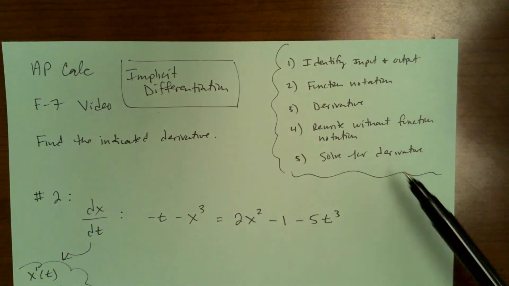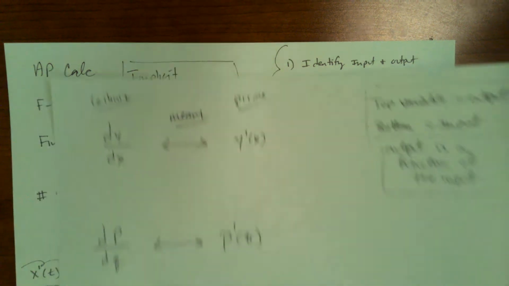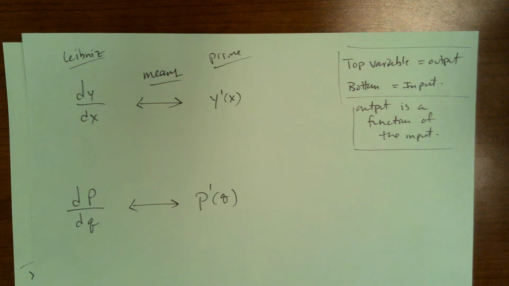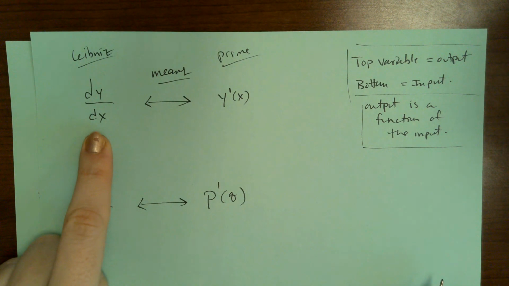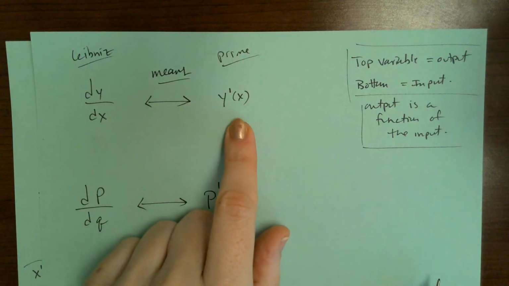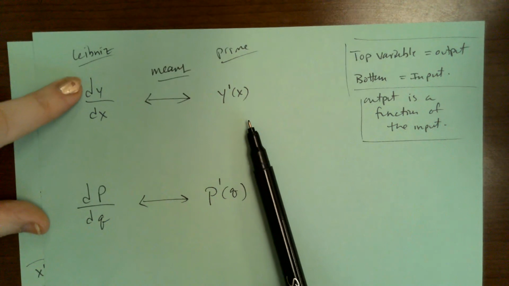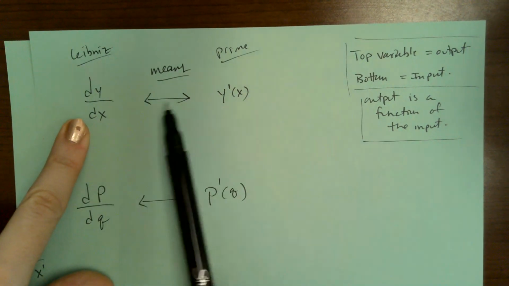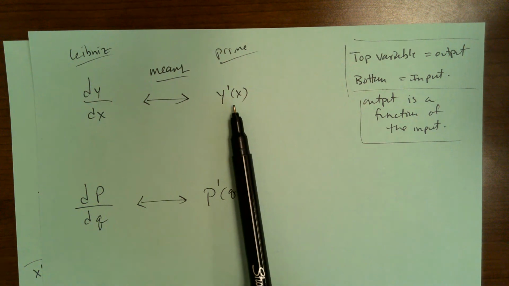Here I put the steps for how we're going to do that. But before that, I just want to say a couple things. Okay, this is Leibniz notation for a derivative. This is prime notation. These are the same thing. So if you look here, dy/dx in prime notation is y prime of x.